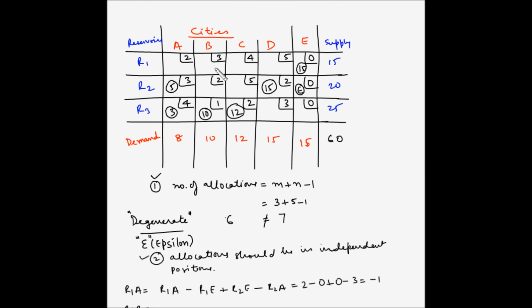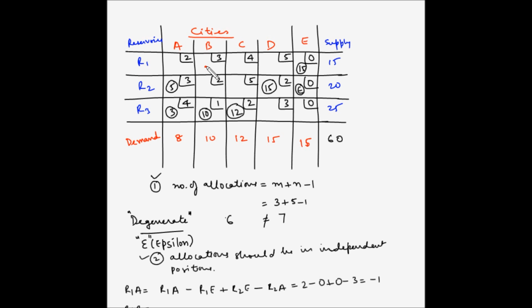For R1B, the closed path is a little complicated. So from R1B, we can go to R3B, then to R3A, then to R2A, then to R2E, then to R1E, and then back to R1B. Let me draw this one for you.